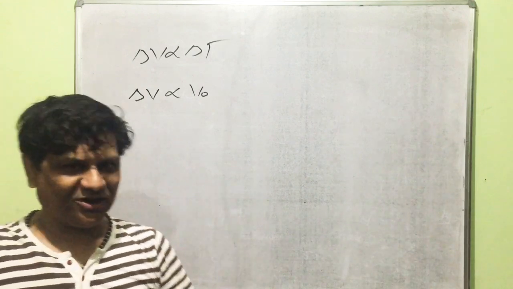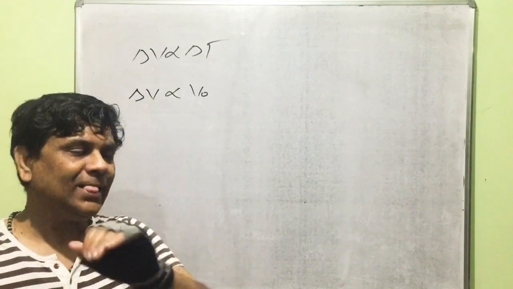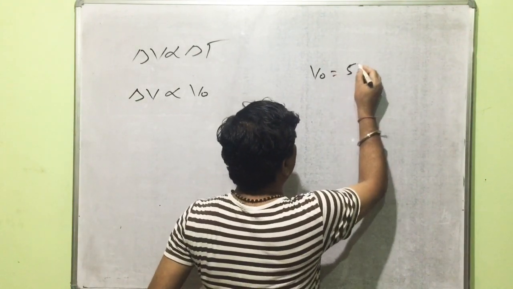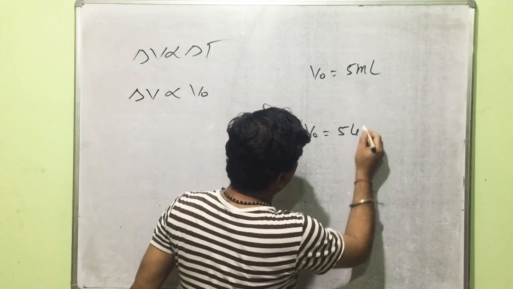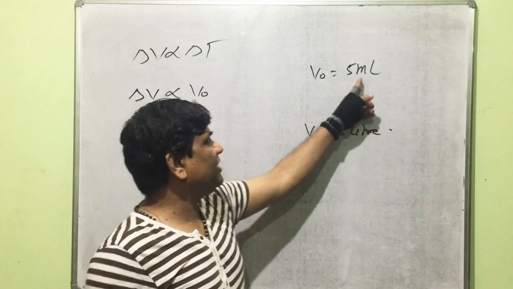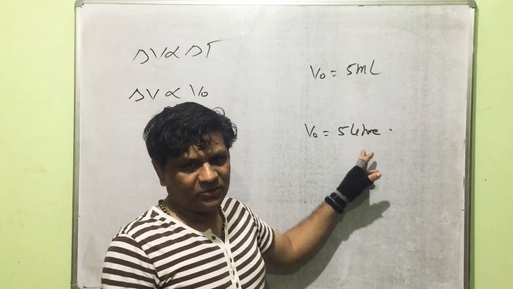But I think this is not clear for all students. How to understand it by an example? Suppose V naught is equal to 5 milliliter, and one more V naught is equal to 5 liter. Both are the original volume of a liquid.